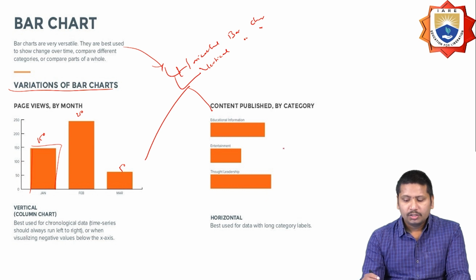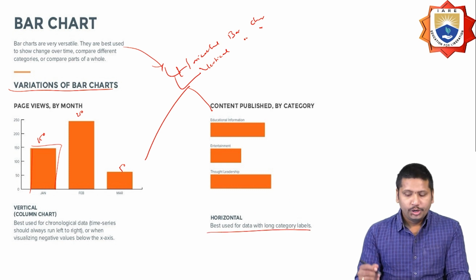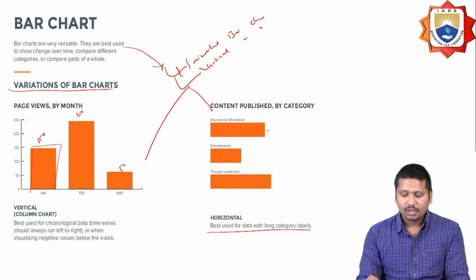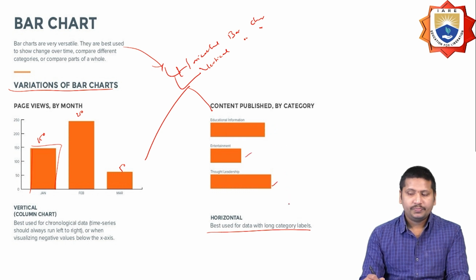And if I want to show content published by category, it should also be represented in the form of a horizontal one. Normally these horizontal bar charts are used for longer categorical labels. So the number of educational, information, entertainment, thought leadership pieces, I want to know.